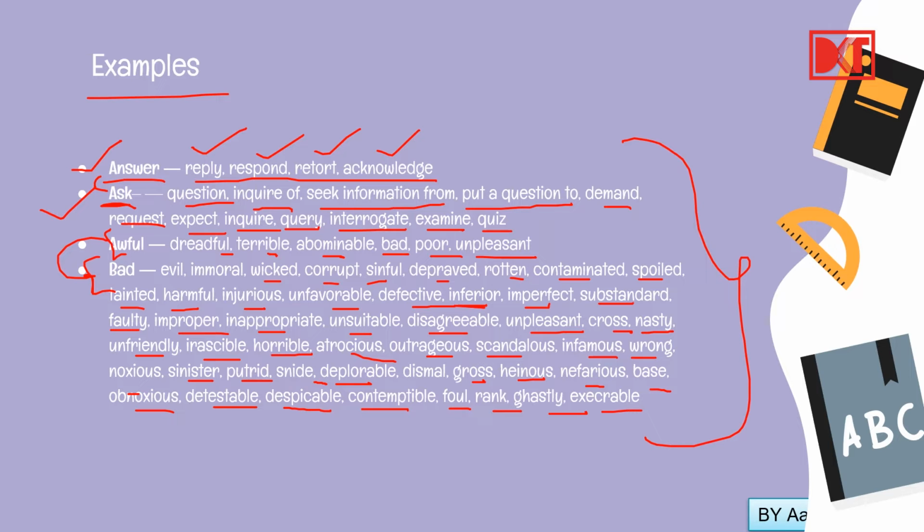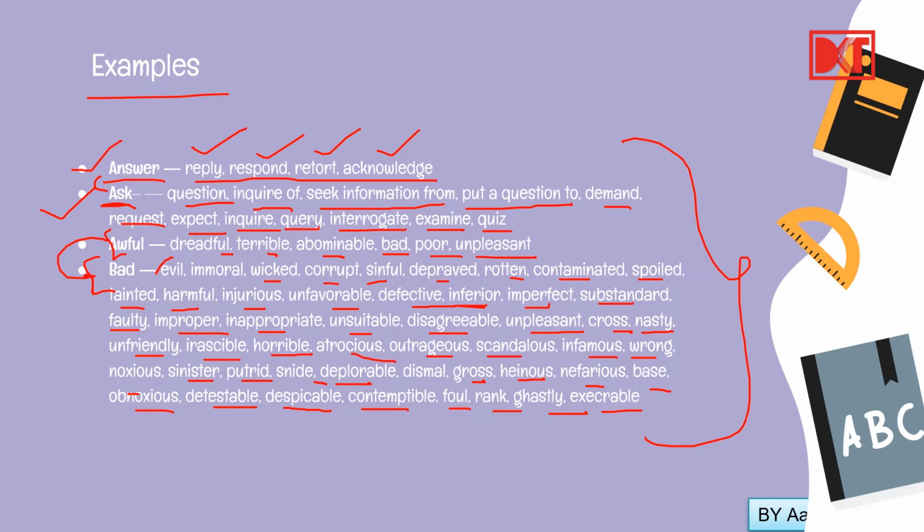Now here the thing is, we're just talking about synonyms. Suppose you're talking about someone and you have to tell that they have done a bad deed. So we can say yes, they have done an evil deed or an immoral or a wicked or a corrupt or sinful deed.